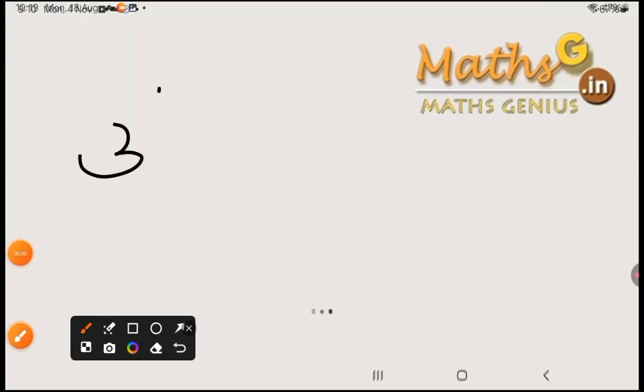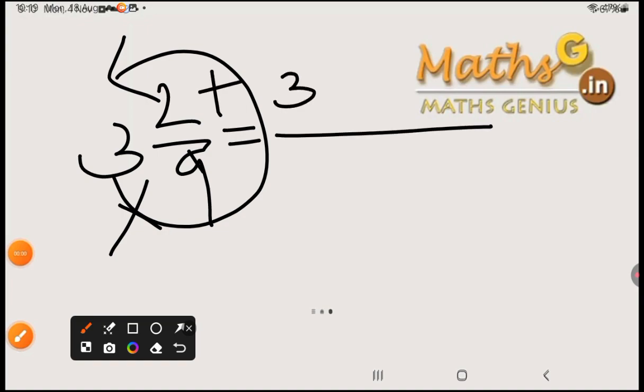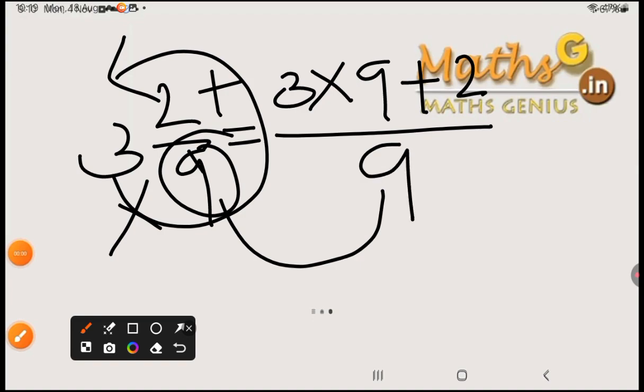Similarly, if there is a mixed fraction, this can be converted to an improper fraction this way. Here there is a multiplication and here there is an addition. So, you can just write 3 into 9 plus 2, whole divided by the denominator, which stays the same, 9.